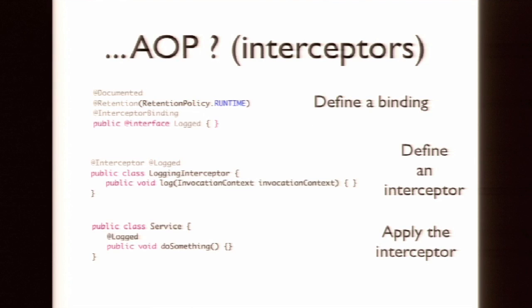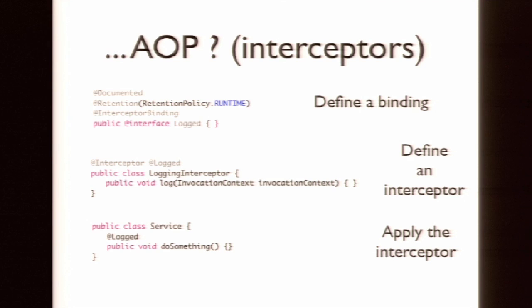If you look at more advanced concepts like interceptors, where you would write an aspect in Spring, CDI allows you to write interceptors very intuitively. You create an interceptor binding, a special annotation, apply it on a specific method, and then specify the interceptor that will be applied on that method.